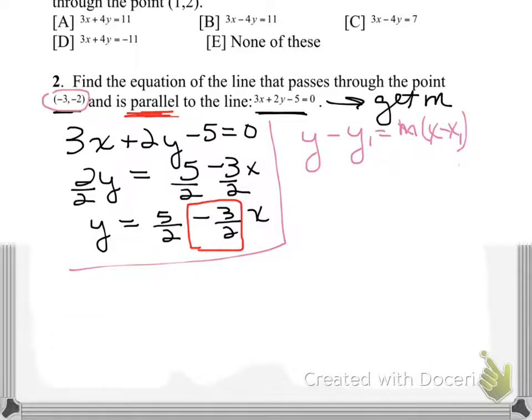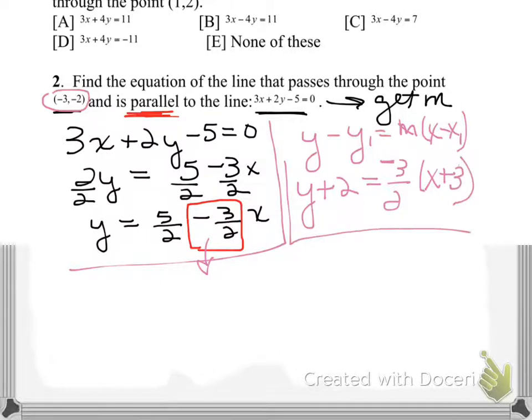It's going to be minus 2. So that's going to be y plus 2 equals, here's your slope right here, negative 3/2, and then x, again be careful, minus a minus 3 is plus 3. Done. That is the equation you want to give back.